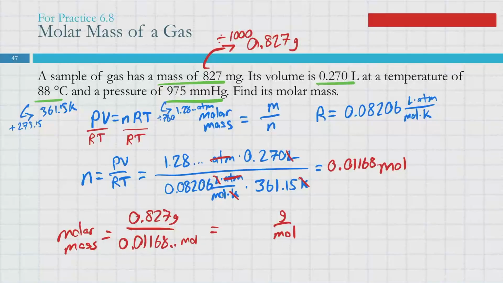And we get 70 point, I think we'll round this to 3, so 70.8 grams per mole. So this would be a pretty decent approximation of chlorine gas, Cl2. Identifying the gas is just like bonus.